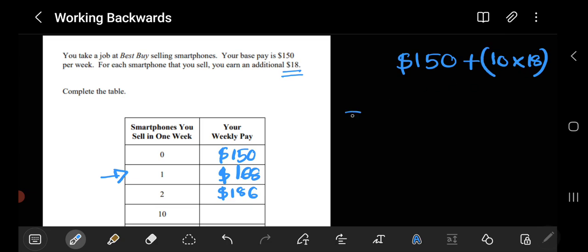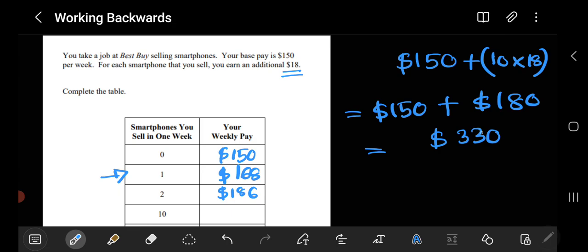So we have $150 plus 10 times 18, which is $180. If we add these two, I get $330. So if I sell 10 smartphones, I'm going to earn $330.